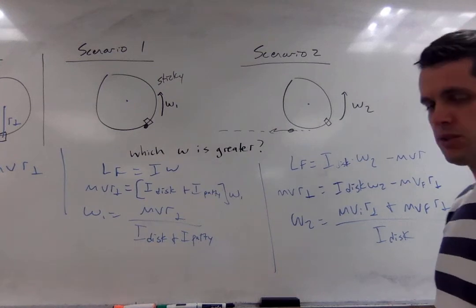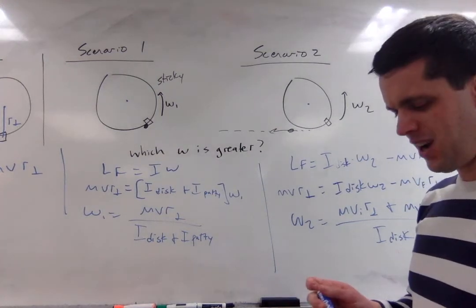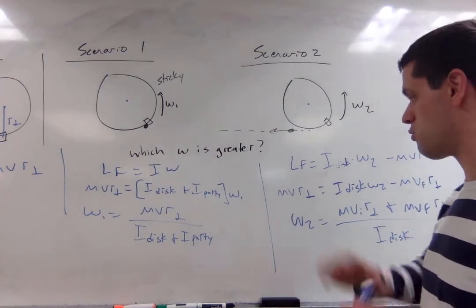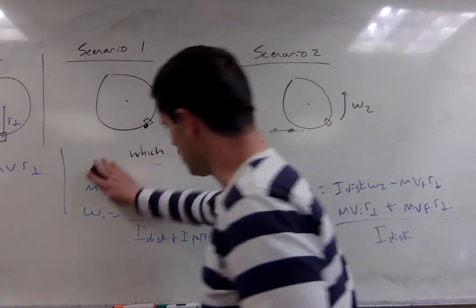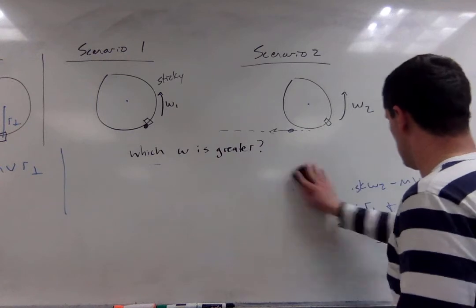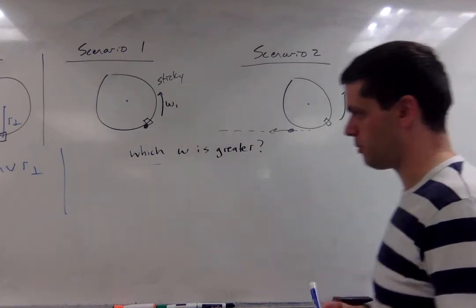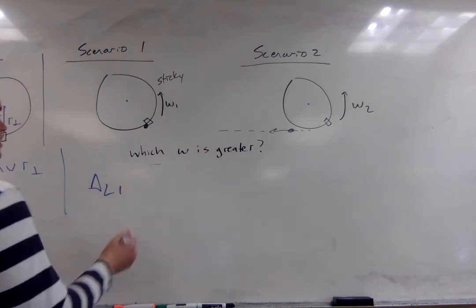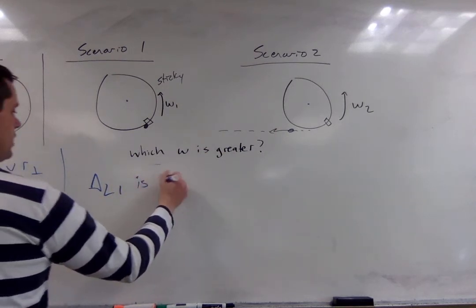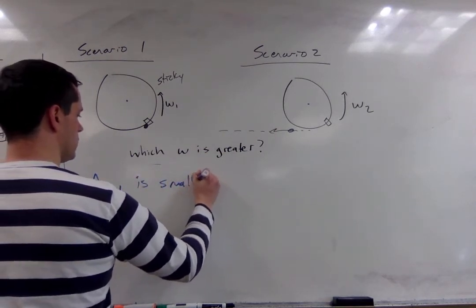So you could use this to describe it, but another way I like to describe it, okay? I'm going to erase this stuff because another good way to describe it is this. And that is to talk about the change in angular momentum, the delta L. So delta L in scenario 1 is going to be smaller, okay?